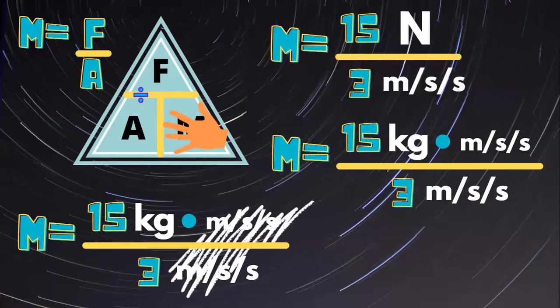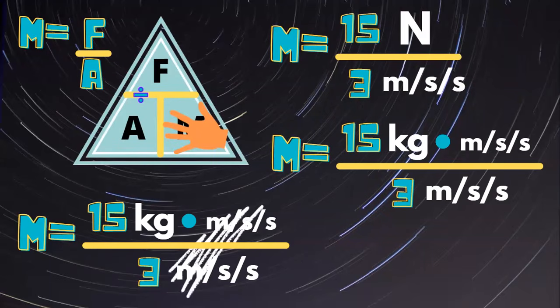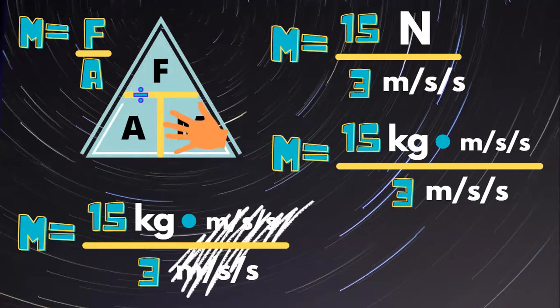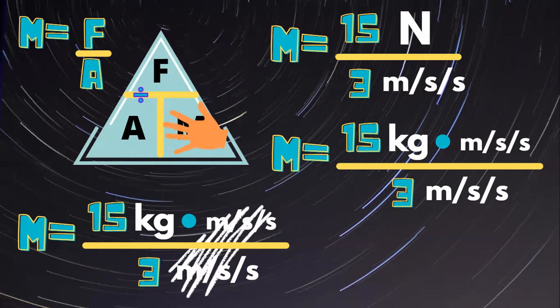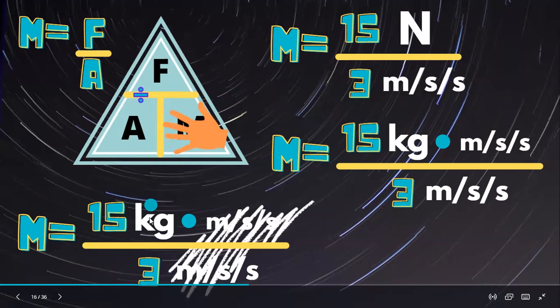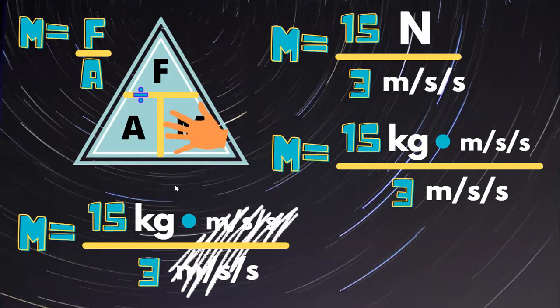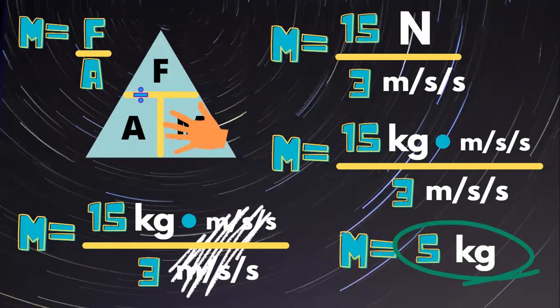Whenever you have the same thing above and below, they basically both become 1, so we can just cancel them out and not worry about them. Now that leaves us with 15 divided by 3 and the unit kilogram. So what's 15 divided by 3? That's right, it's 5.